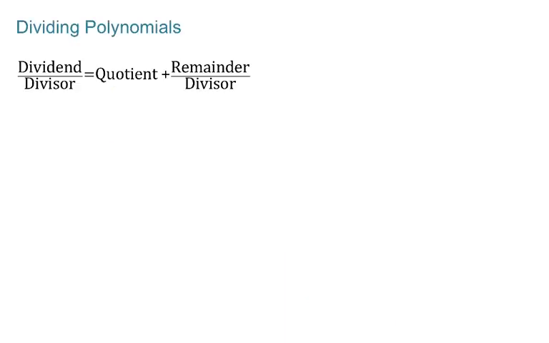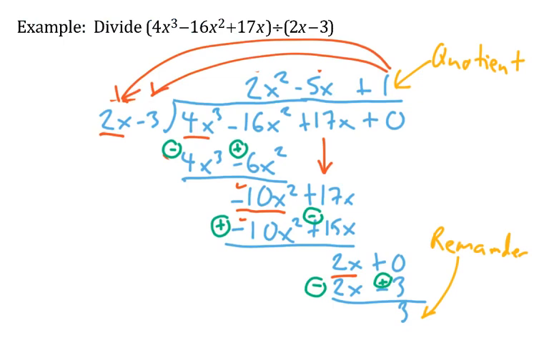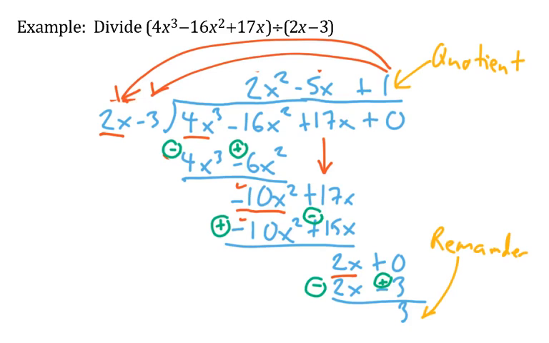Then, by way of reminder, we write the dividend divided by the divisor as the quotient plus the remainder over the divisor. So very much like when we do long division of numbers, we would write our answer as 2x squared minus 5x plus 1. That's my quotient, plus the remainder. The remainder was 3.